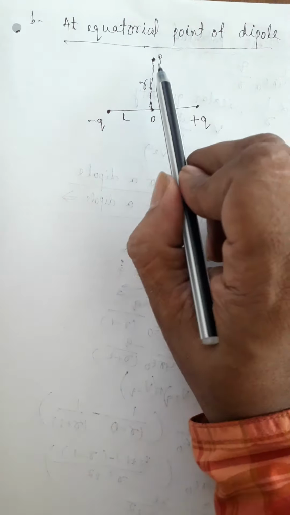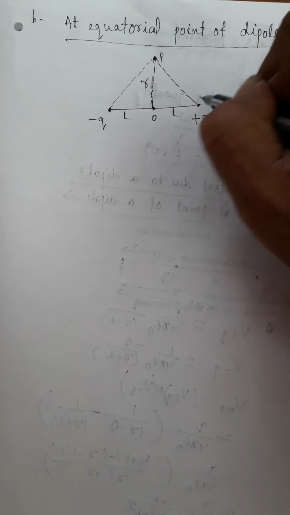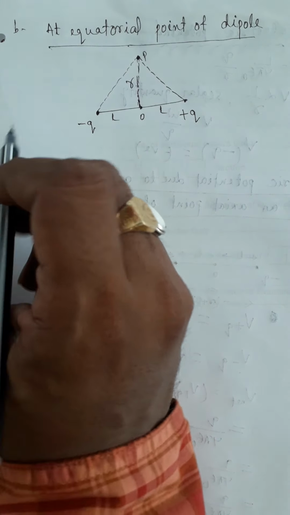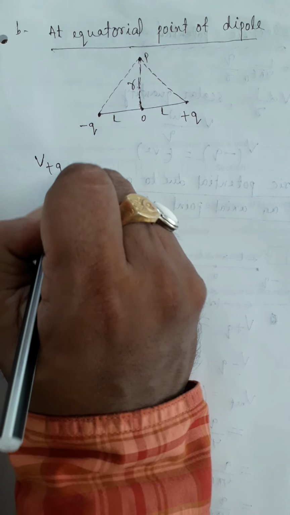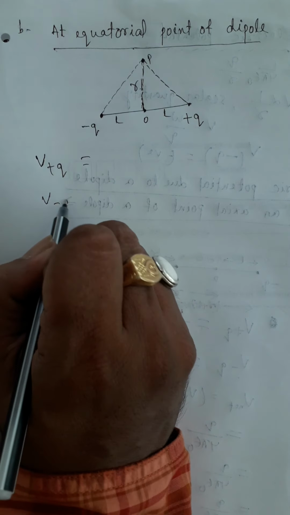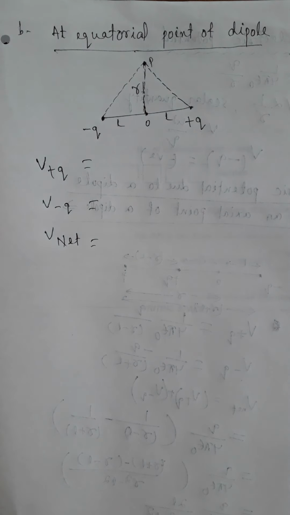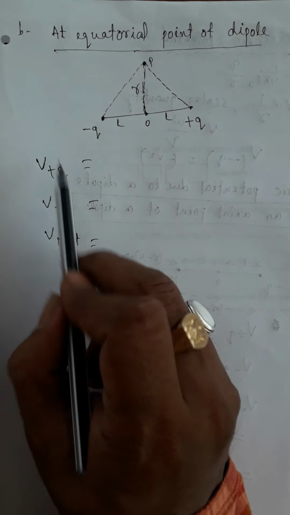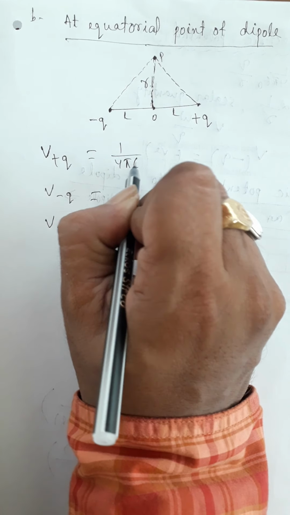So let's join this line so that we can find the distance from the negative charge to this point P and from the positive charge to this point P. Now we find electric potential due to the plus charge, electric potential due to the negative charge, and the net potential. The electric potential due to the positive charge, the formula is 1 by 4 pi epsilon naught, q divided by r. So what is this distance?